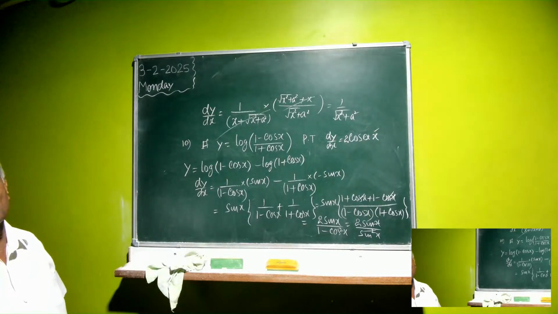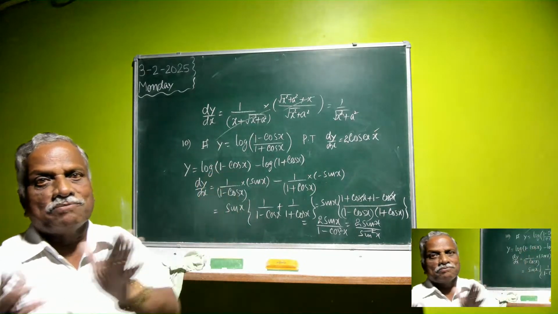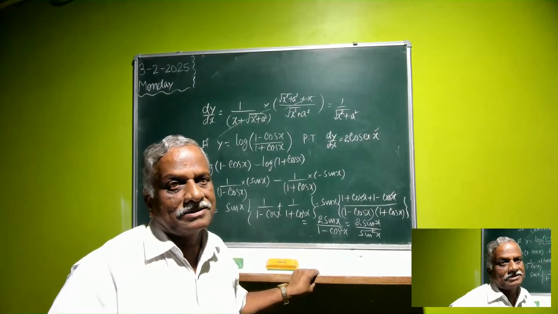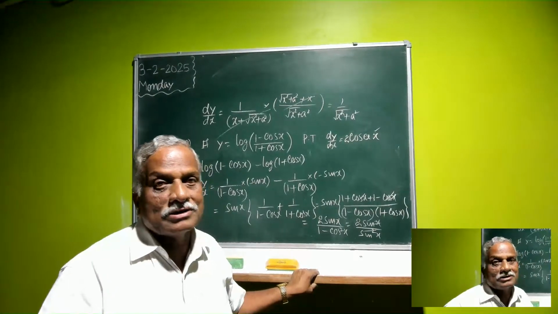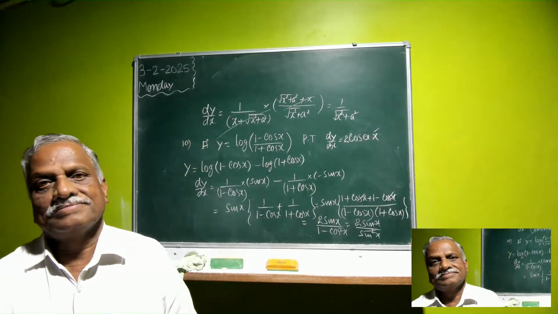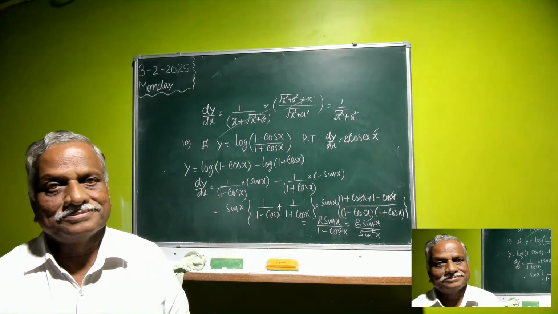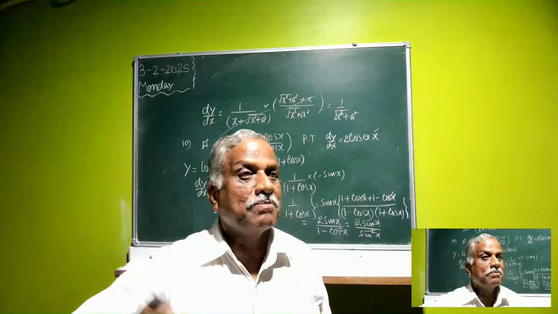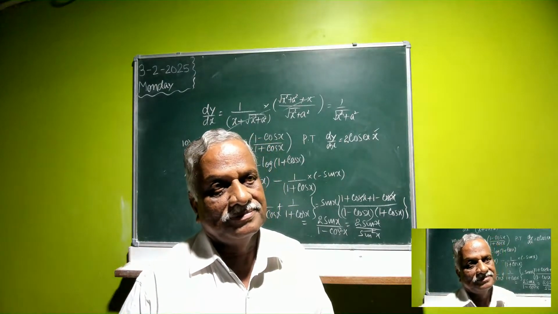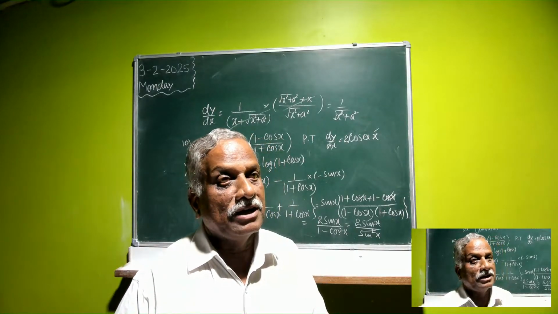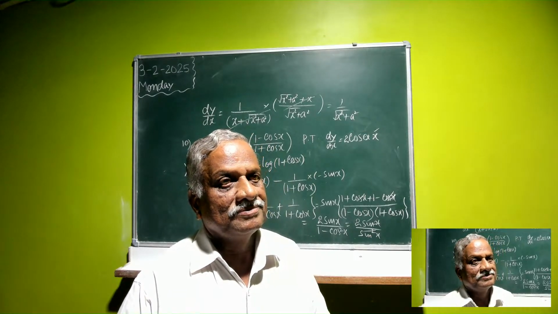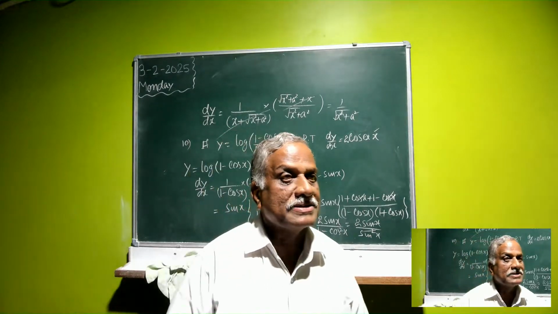I'll explain the problem once again, because the moment the problem runs into 4 or 5 steps, or half a page, psychologically we feel it is difficult. No, it's not so. Every problem you are working one step at a time. When you are climbing down from the first floor, you must concentrate on the first step that is there.